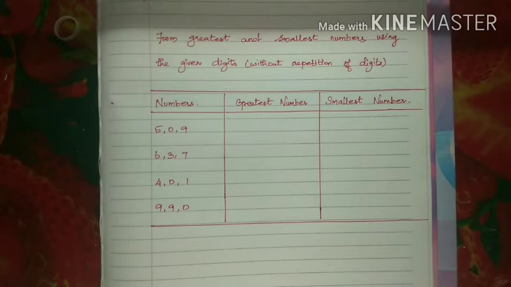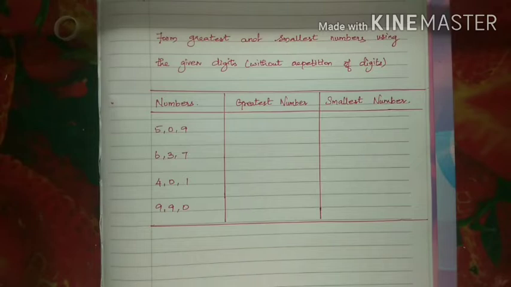We have to form the greatest number and smallest number without repetition. That is, one number only should be there. We cannot write 5 two times or 9 two times or 0 two times. Only one time, no repetition. Shall we do this one?